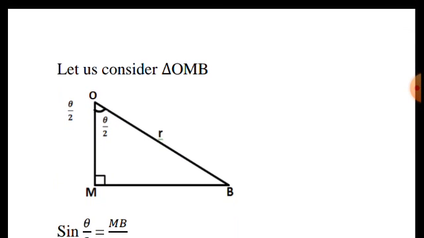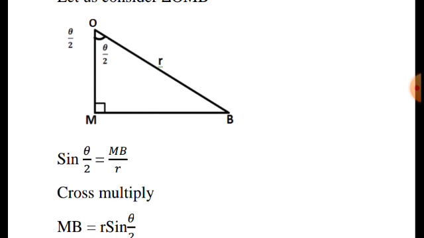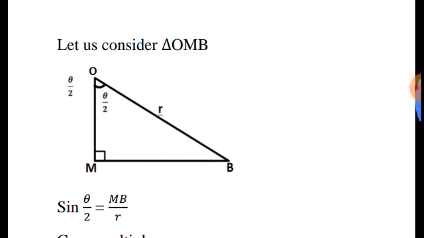From the diagram, you will agree with me that the side that faces angle theta over 2 is called the opposite, which is MB, and the longest side, which is the hypotenuse, is denoted with R. Therefore, sine theta over 2 will be equal to opposite, which is MB, over hypotenuse, which is R.